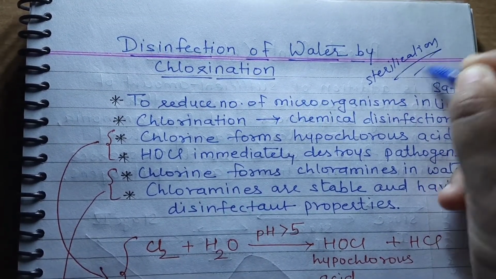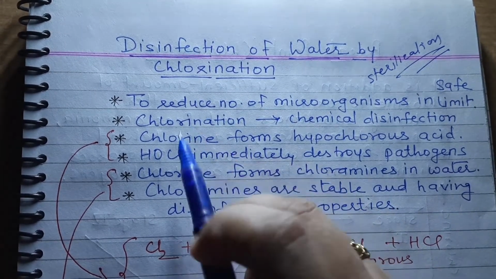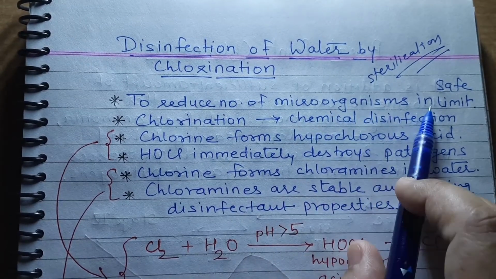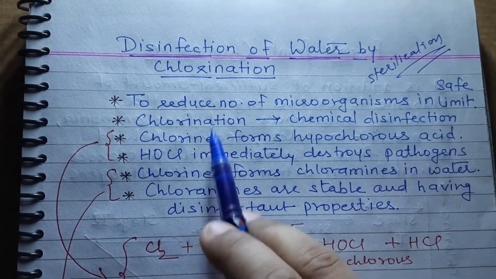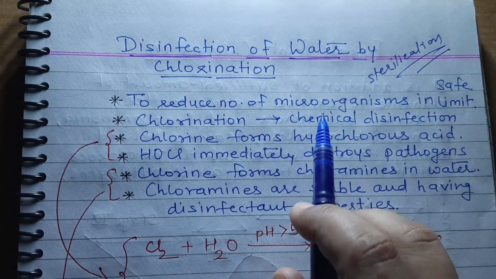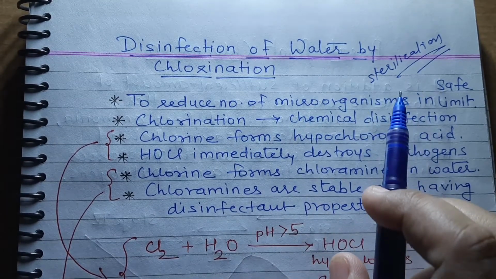Sterilization is the process in which we completely destroy the microorganisms, but in disinfection we reduce the number of microorganisms to a safe limit.